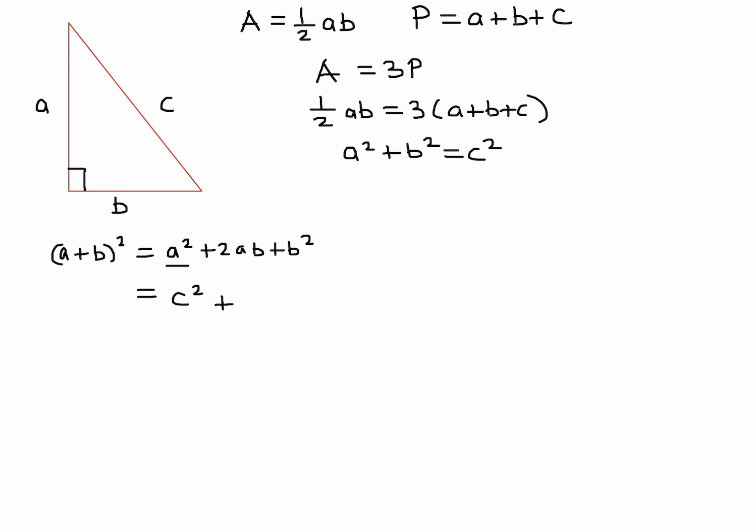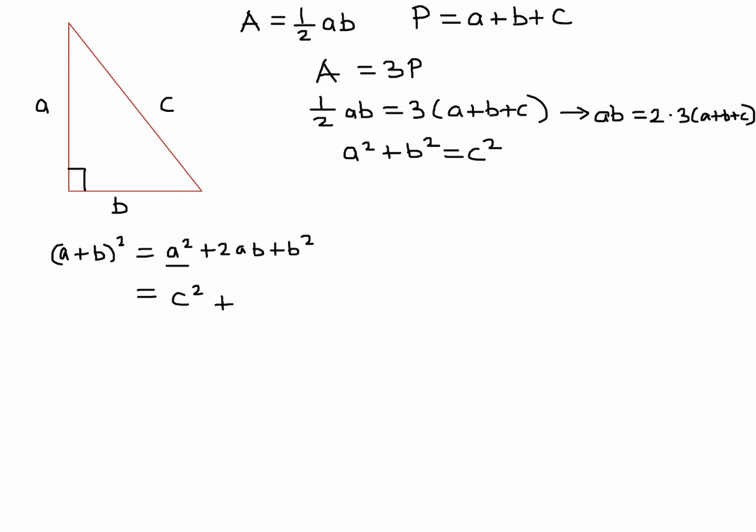And then 2ab, well, 2ab basically is going to be very similar to that, because this gives me ab is equal to 2 times 3a plus b plus c. Correct?